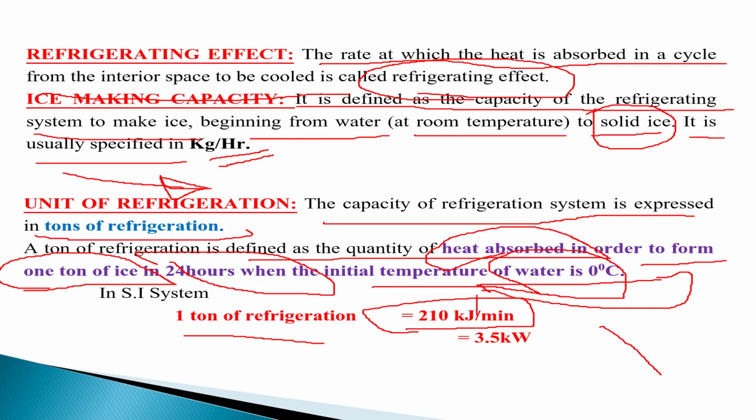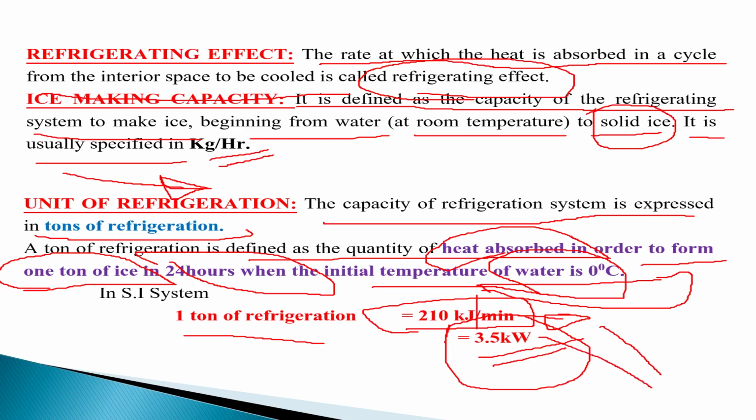At this rate, if you remove the heat from 1 ton of water at 0 degrees for 24 hours, the entire 1 ton of water is converted into ice. This is also equal to 3.5 kilowatts, that means 3.5 kilojoules of heat per second.